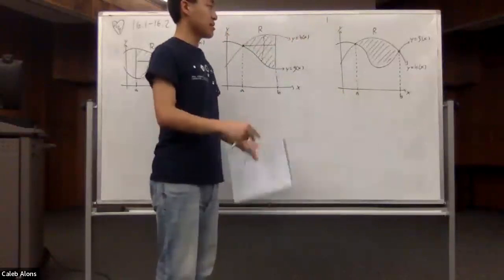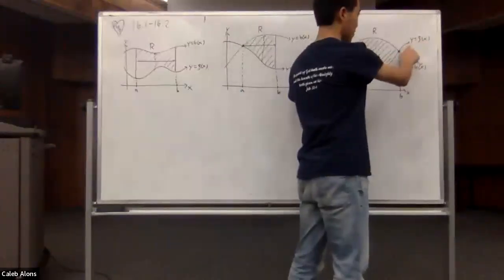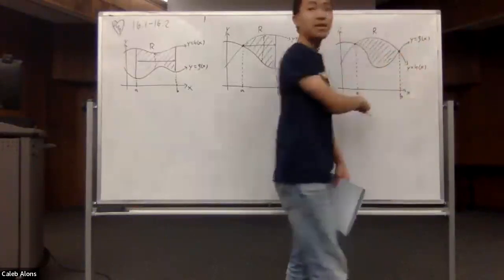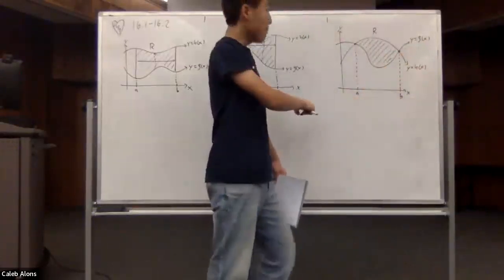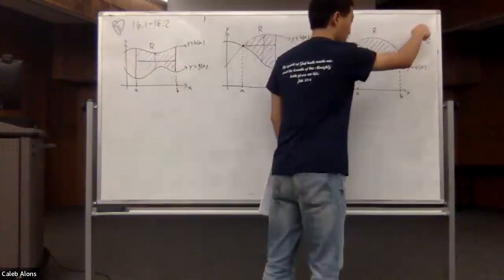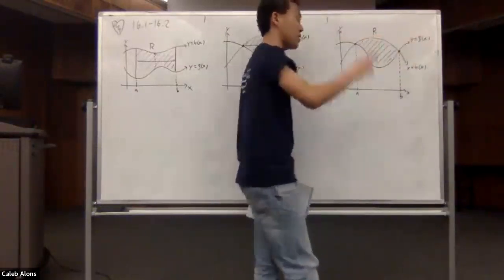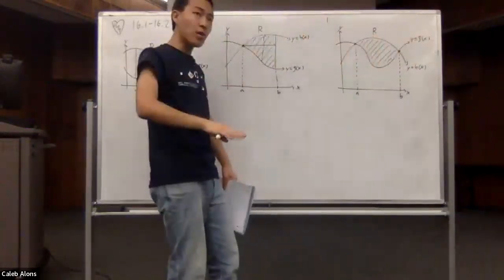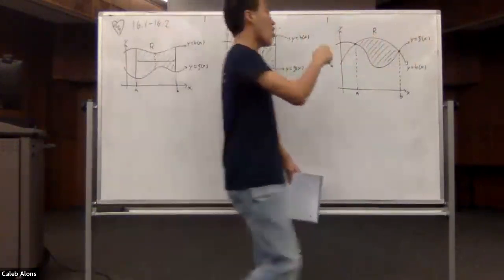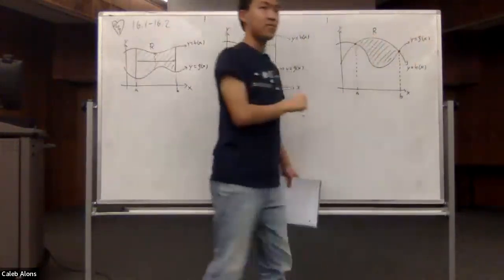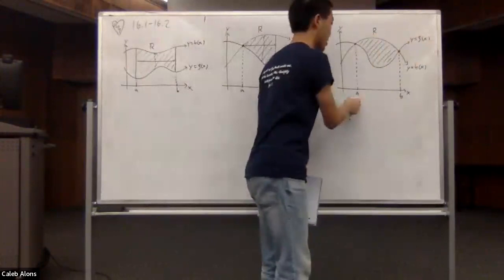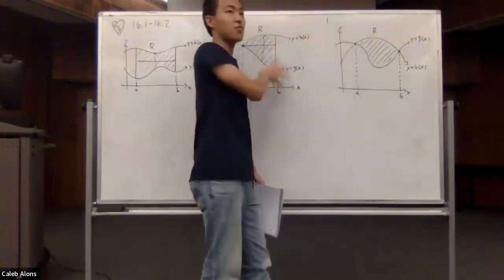Here's a good point. Notice that g of x is actually taller than h of x outside of the interval here. But don't get thrown off by things like that. Whenever you're determining which one is the lower one and which is the taller one, only look at your interval a to b. You're only interested in what you're actually integrating over, so don't make judgment calls about the rest.